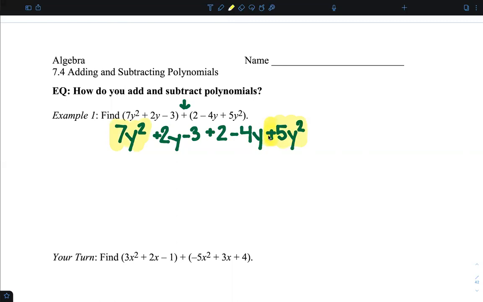And even though the 7y squared is first, I always start with the highest exponent, because typically the way we write polynomials is in descending order. We worked on that a little bit yesterday, writing them in descending order. So that's why I'm starting with my 7y squared. So I'm going to take 7y squared plus 5y squared and get 12y squared.